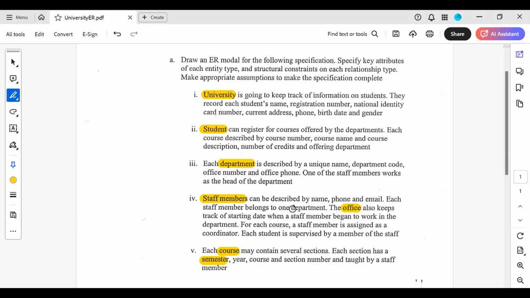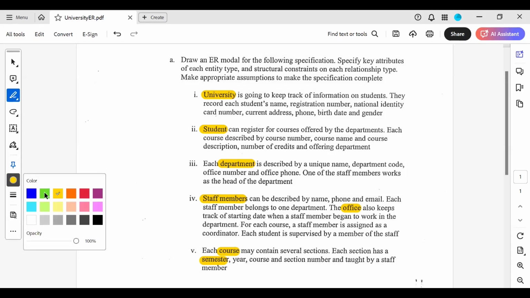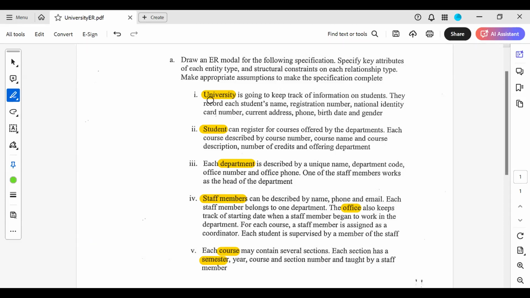Okay, so I have listed down everything that you told me. Now let's try to identify attributes. Let me put green. If you are thinking that university is an entity type, what are the attributes?